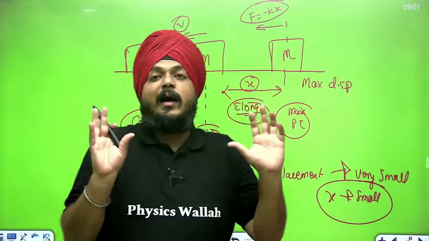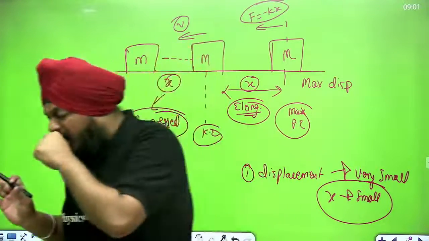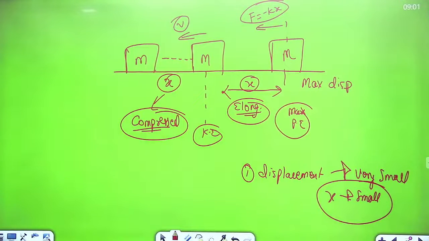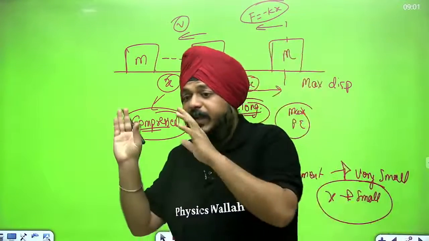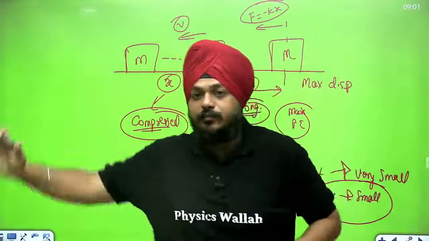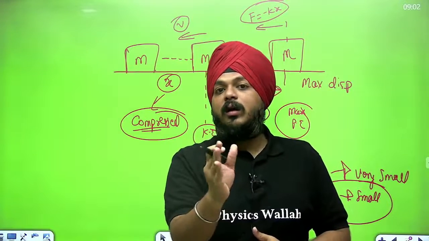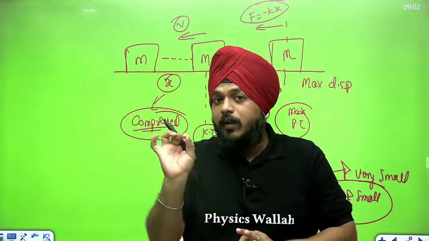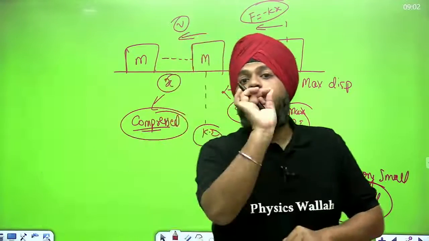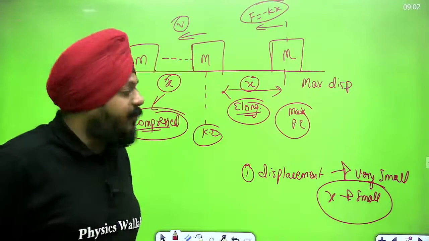I am giving you an example so you can understand the exact difference between oscillatory motion and SHM. The vibration of a mobile with respect to its mean position is an SHM, but the motion of a pendulum is oscillatory.